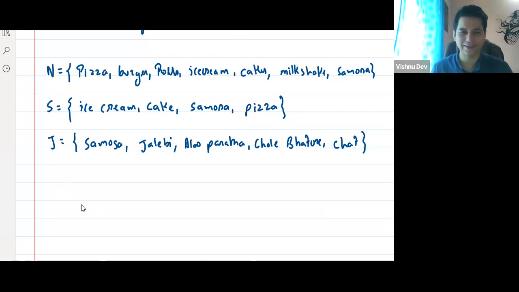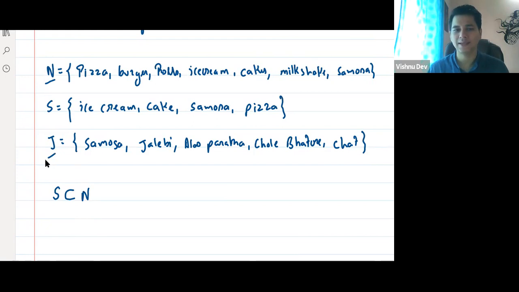Can I say that the choices of Sinchana is a subset of Navya? Yes or no? So S is a subset of N, or N is a superset of S. Clear? Okay. What about the choices of Navya and the choices of Janvi?